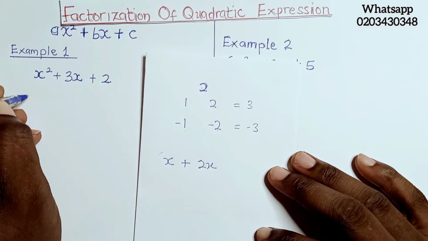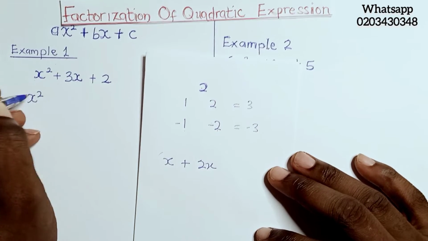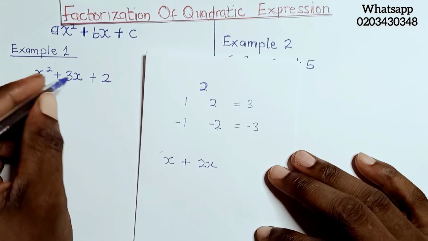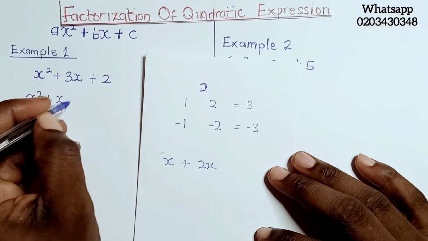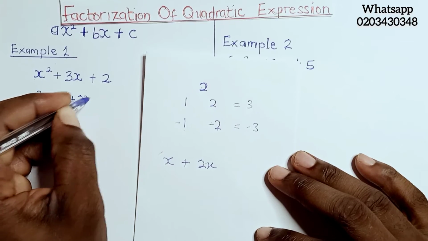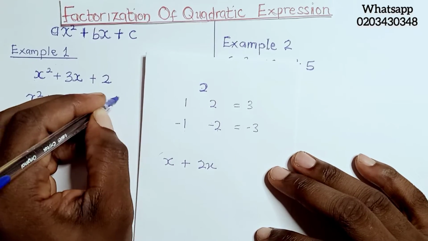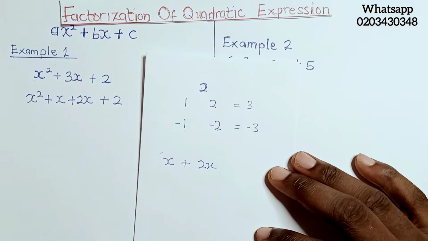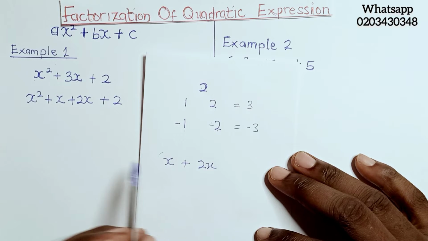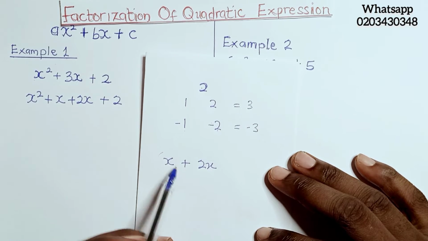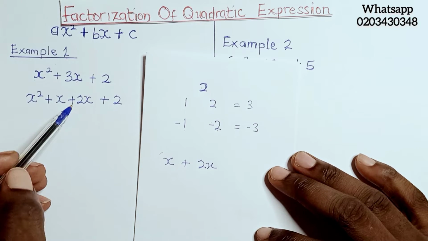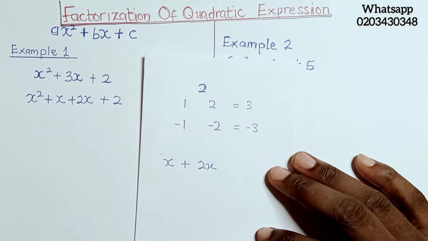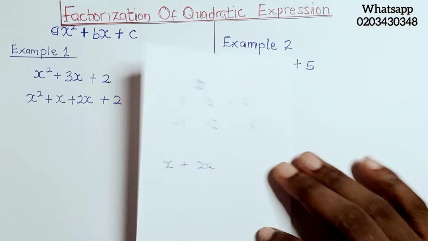So our new expression will be x squared plus x plus 2x plus the last 2. We didn't make much change, we just expanded the 3x in this form. x plus 2x still gives us our 3x.